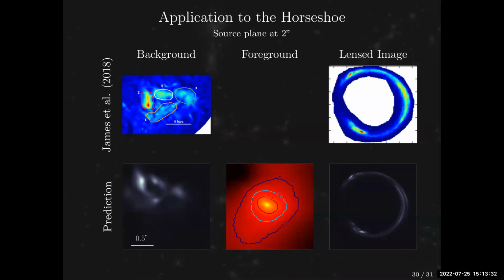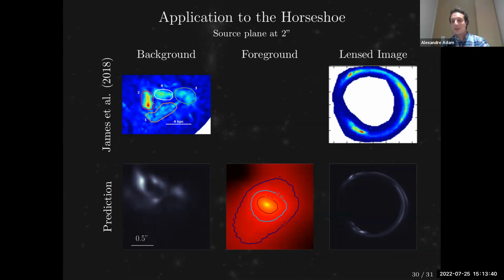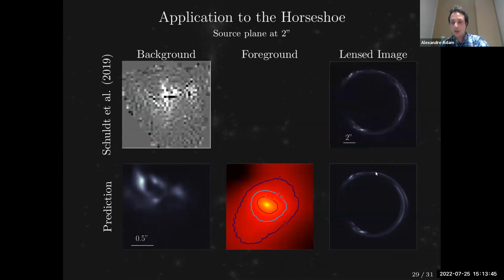Yeah, thanks. Super promising. Out of curiosity, I don't see the residuals for the Horseshoe reconstruction. Do you have them? I didn't put them, but they're still significant. If you compare here, the residuals are still significant. We're talking about a reduced chi-squared of 1.3. So this is not yet at the point where we would say we've completely modeled the horseshoe.